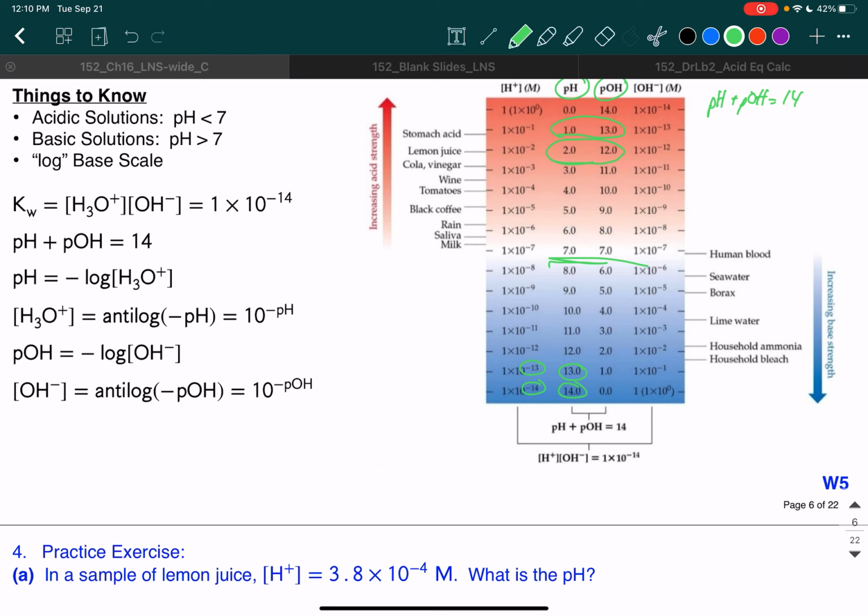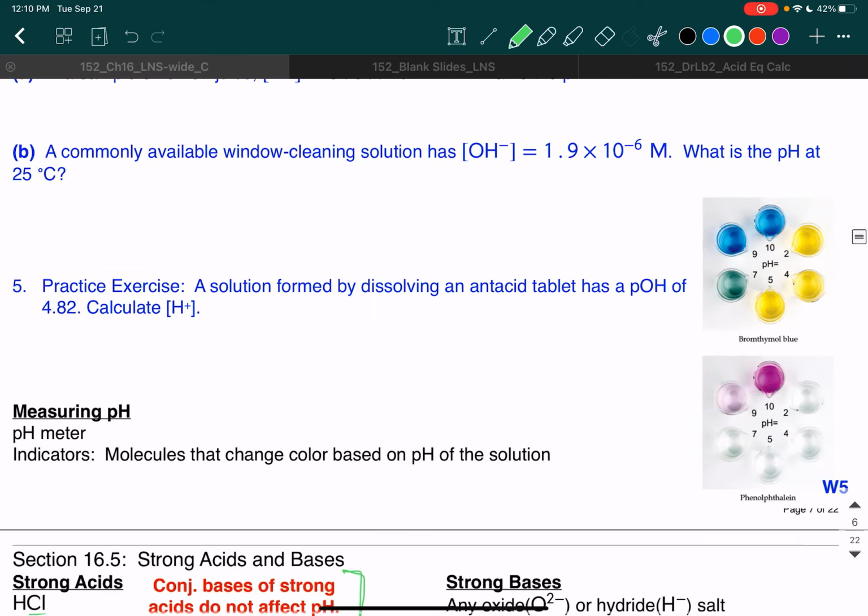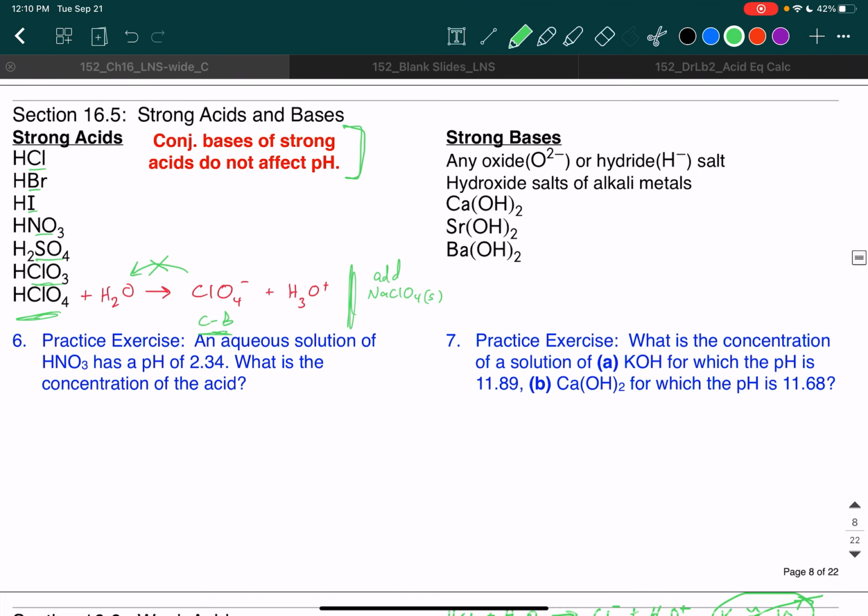But still, any way you look at it, phosphate or all the variations of phosphate, meaning dihydrogen phosphate, hydrogen phosphate, none of them are strong acids, so all of their conjugate bases will be basic. Where's my strong acid? Those are my strong acids.